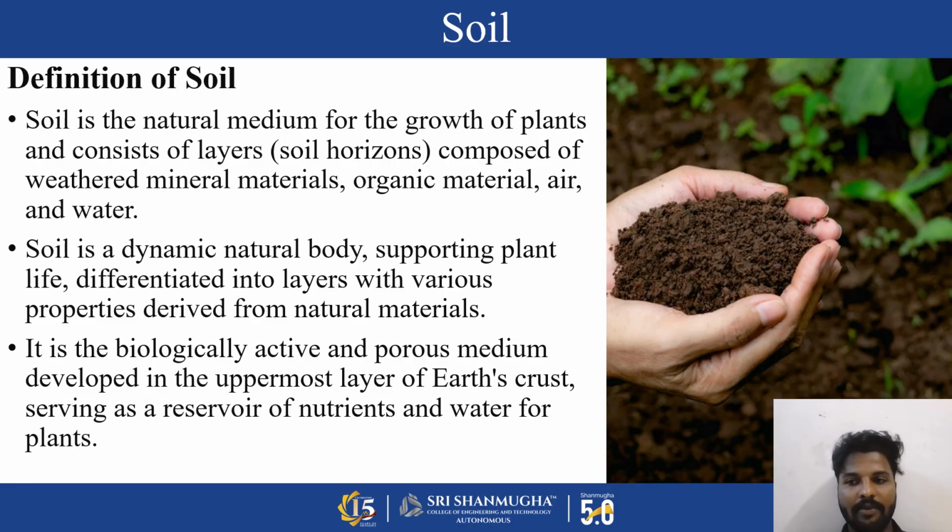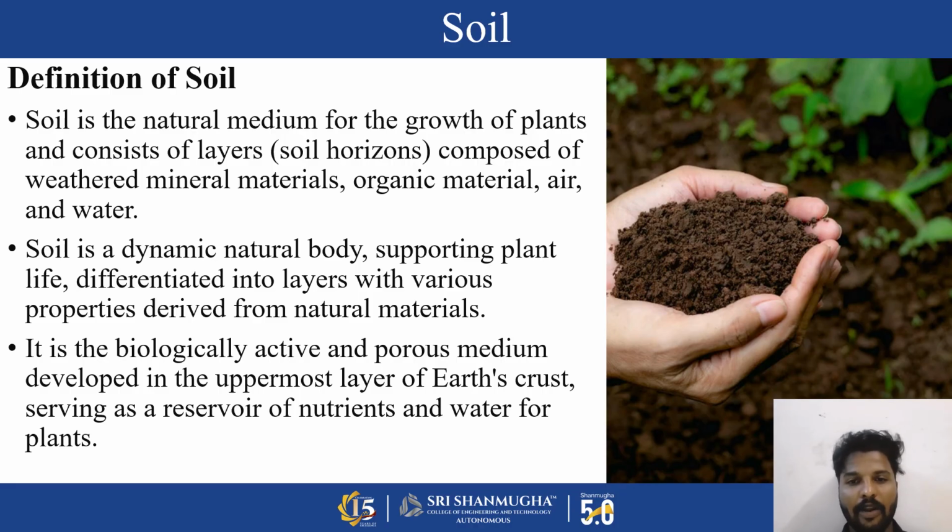So here I given the definition for soil for your understanding. Yes, soil is not just a static layer of dirt. It is a complex living system. Soil is fundamentally the natural medium that supports the growth of plants. It is composed of distinct layers called soil horizons, which are differentiated by various properties derived from natural materials.